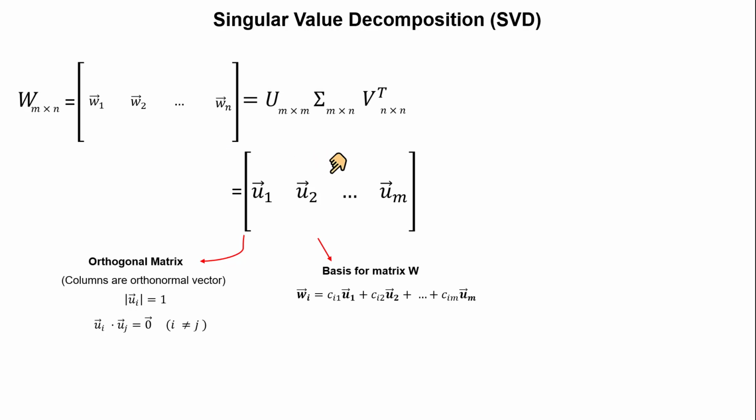U2 is more important than U3, and we can continue doing this until we reach UM, which is the least important one.